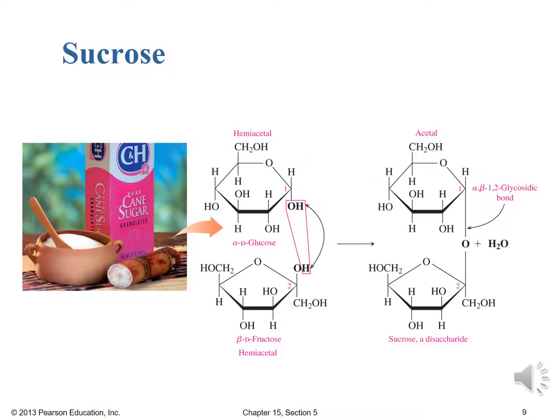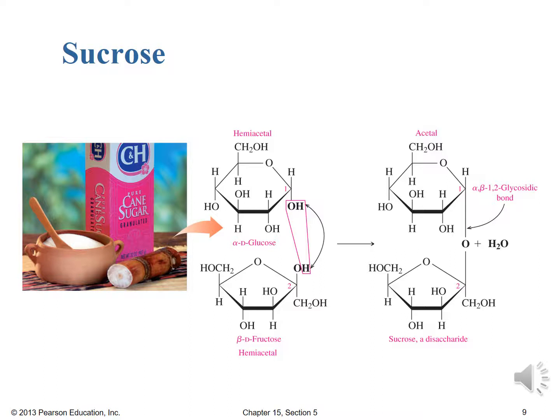Okay, so if you look here, we've got something very interesting and different. We have the alpha D-glucose and the beta D-fructose coming together and forming that sucrose by forming an alpha-beta 1,2 glycosidic bond. So notice before we were talking about either alpha or beta 1,4 glycosidic bonds.